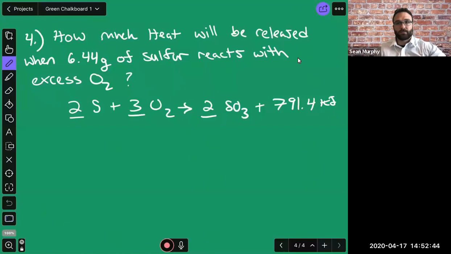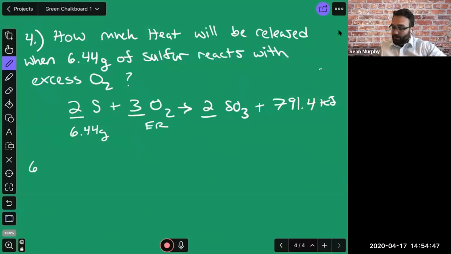So again, we have 6.44 grams of sulfur, with unlimited, or excess, oxygen, and we're trying to figure out how much heat 6.44 grams actually produces. So let's do some stoichiometry.